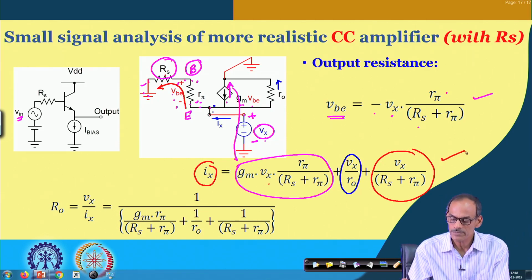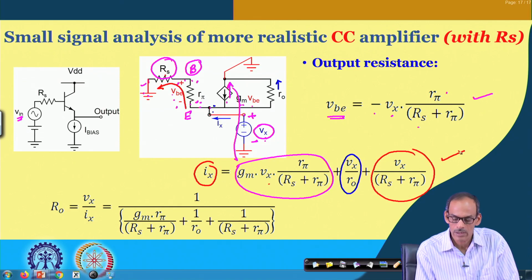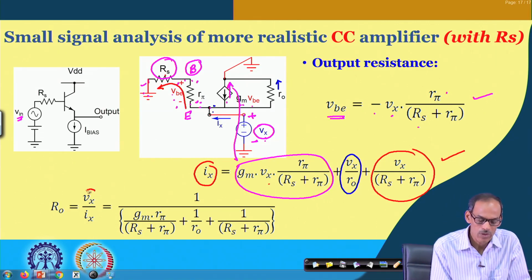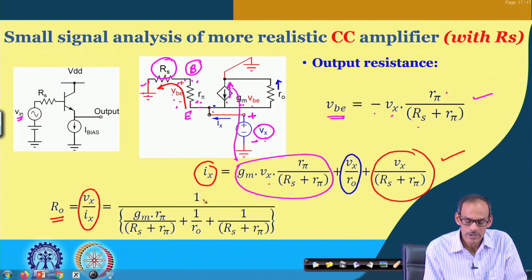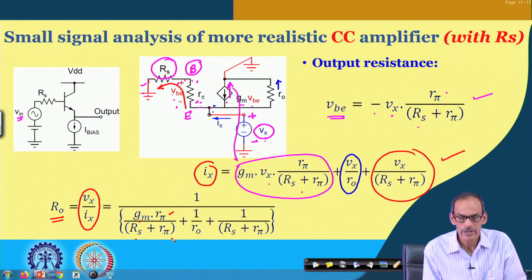From this we can get the ratio of V x divided by I x, and that gives us the output resistance, which is the reciprocal of the conductance of the three paths. The first part conductance is G m into R pi divided by R s plus R pi, the second one is 1 by R naught, and the third one is 1 by R s plus R pi.